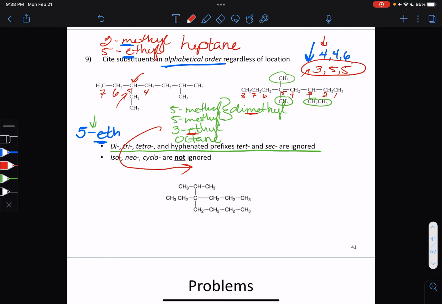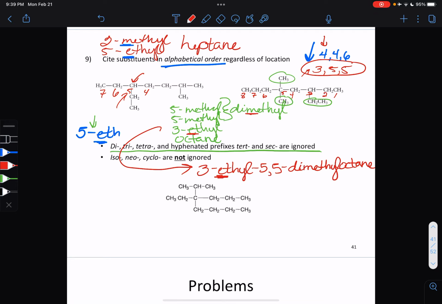We are going to have 3 hyphen ethyl, and then we're going to have 5 comma, because remember a comma comes between 2 numbers, 5 comma 5 hyphen dimethyl, and then what? Good, octane.